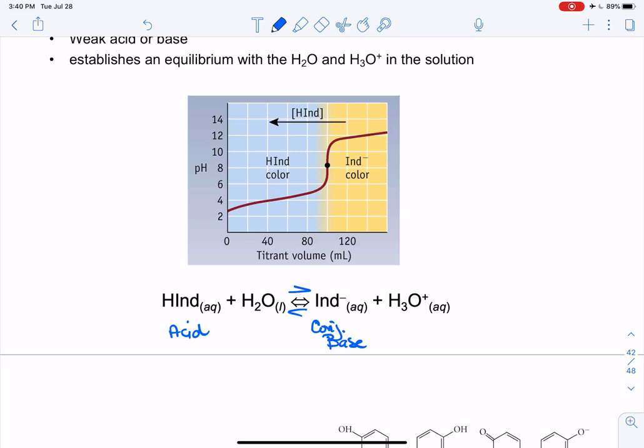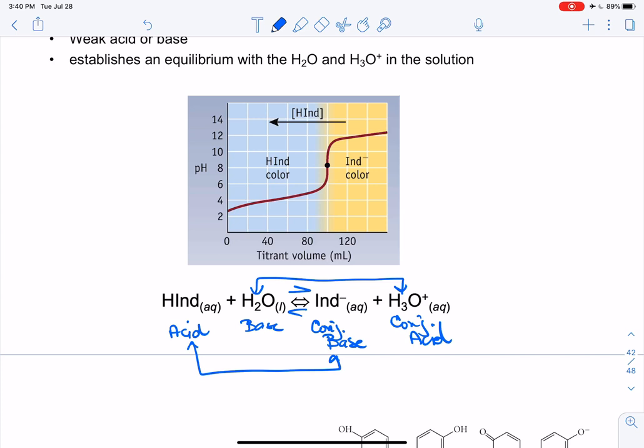So see how HInd loses its H plus and then it becomes Ind minus. So it's just like any other acid-conjugate base pair. And of course, the water and the hydronium are the base and the conjugate acid. But we don't put very much of that in there, and so it's not going to affect our reaction.